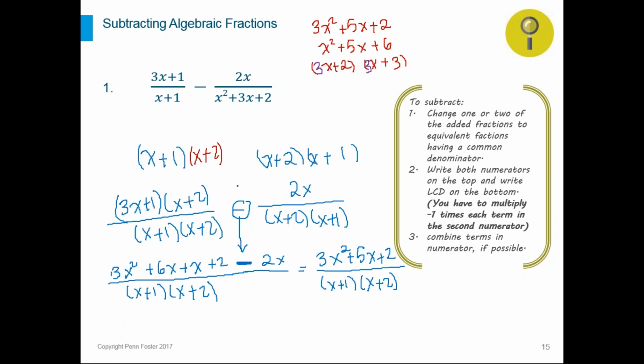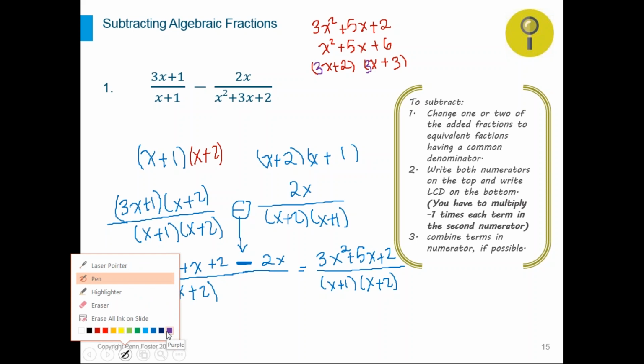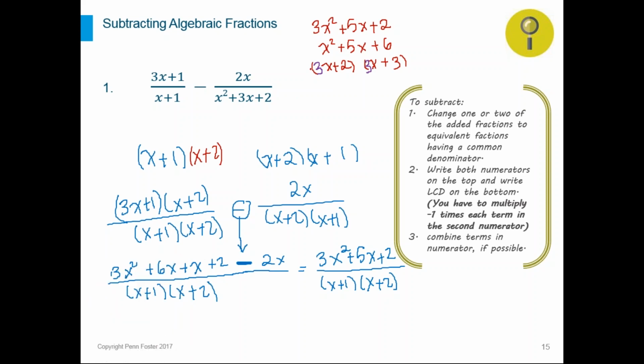The next step is to try to factor out anything there to simplify my factors. So I see 3x plus 2, nothing to be factored out. Nothing common between 3 and 2. It will stay the same. But 3x plus 3, I can take out 3, and that would be x plus 1. And that 3, remember, we just canceled that 3.